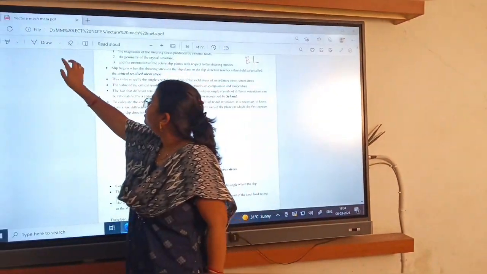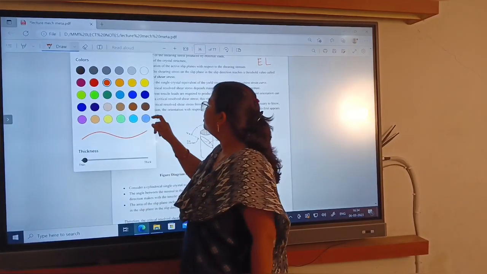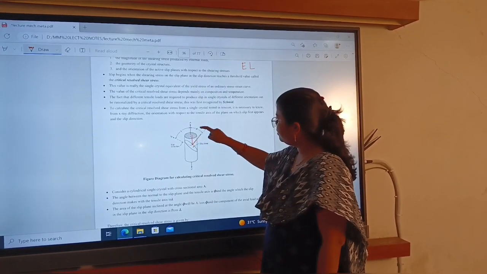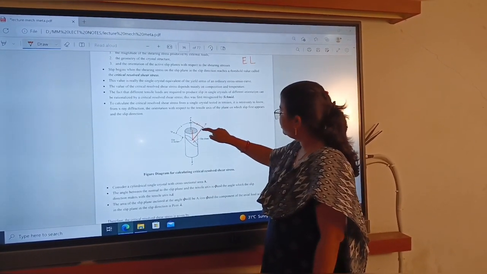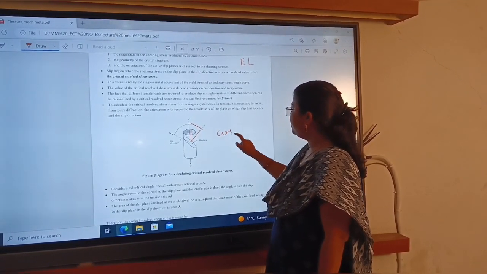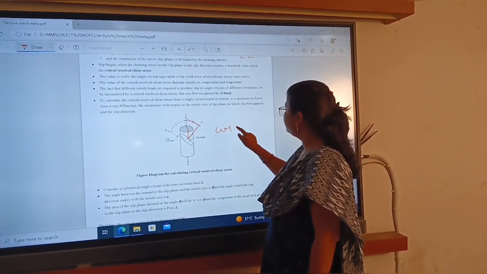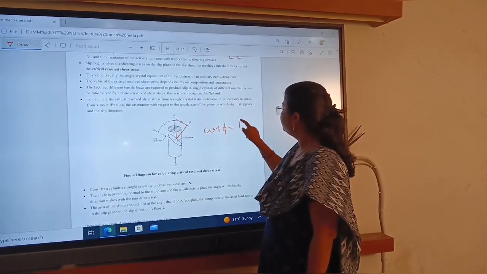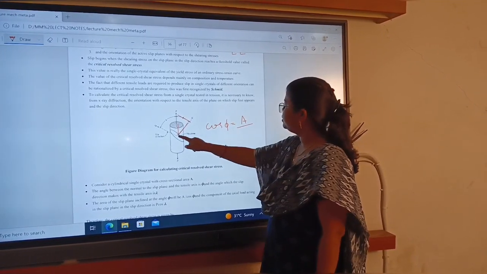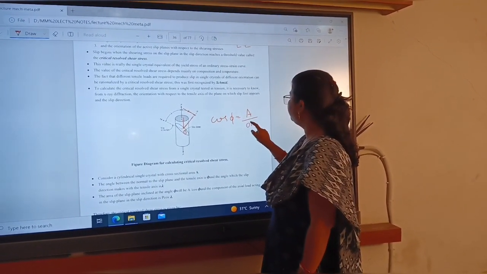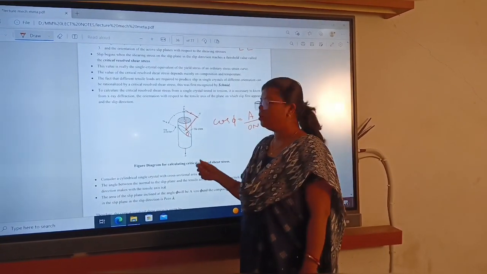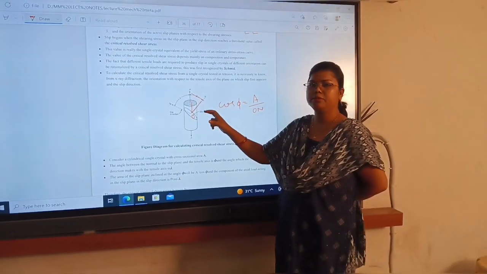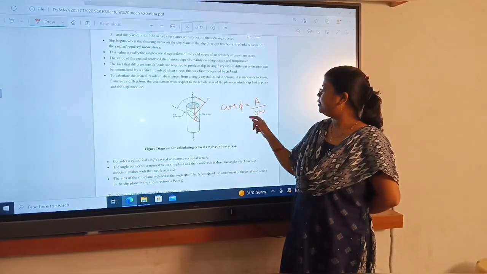Suppose this forms a triangle, and if I find out cos phi, that will be the area divided by, suppose this is the origin, the portion of the slip plane on which this is inclined, that will be OM.